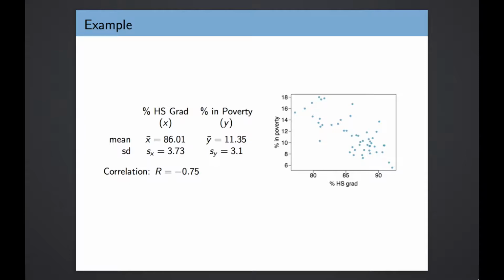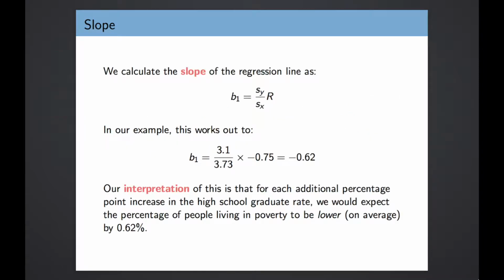The mean percentage in poverty is 11.35%, and that has a standard deviation of 3.1. And like we learned in the previous video, these variables are correlated with one another, and that correlation coefficient, R, is equal to negative 0.75. So using that information, let's go ahead and see how we find the regression line. Finding the slope of the regression line is actually really straightforward.